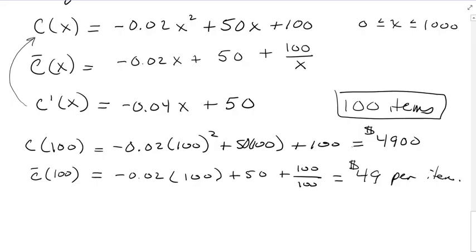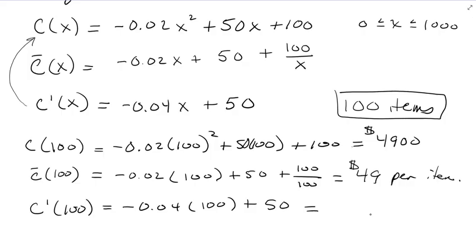So if you think about that, the cost to make the next item should be less than $49, because that was the average up to that point. And the cost to make each additional item is always going to go down very slightly. So C prime of 100 is negative 0.04 times 100 plus 50. And that comes out to about $46. I think it was something like $45.90 something.